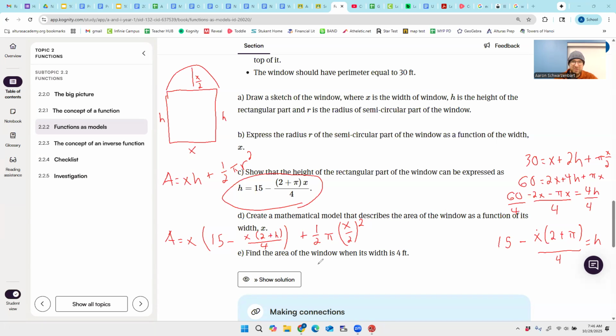Find the area when the width is 4 feet. We simply plug in 4. I don't feel like simplifying. Oh, it's not 2 plus h, it's 2 plus pi. I made a mistake here. 2 plus pi.